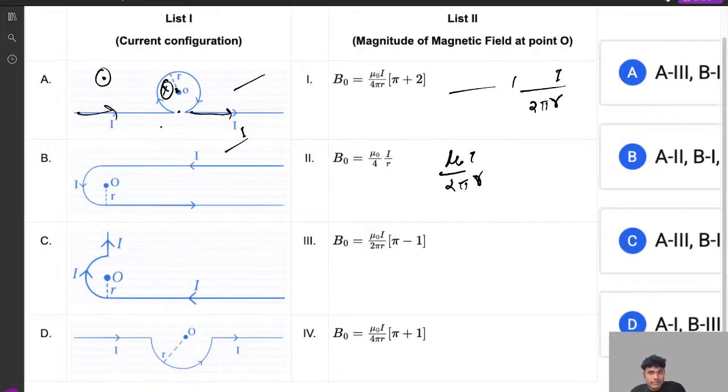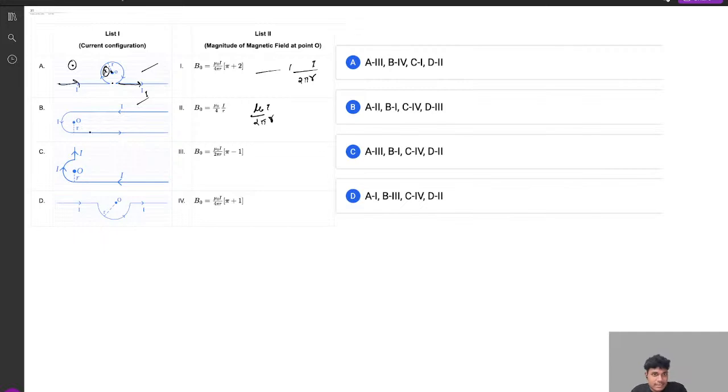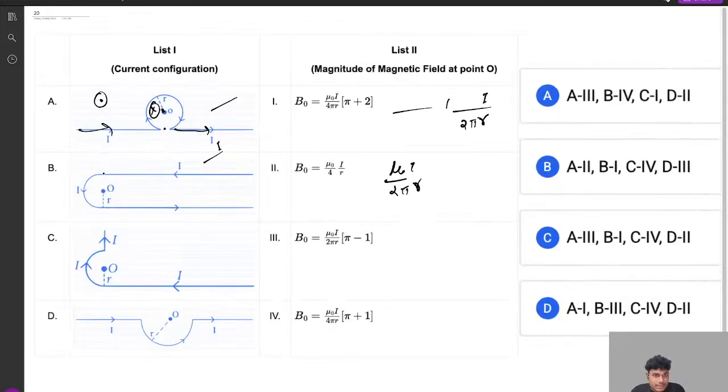Let me see. Before that, we take a look at the option B of this question. Leave option A; we will see that after B, C and all the other options, in the last. What is the magnetic field at O? Due to this wire, it is in the dot direction. Due to this, and due to this, it is also in the dot direction.